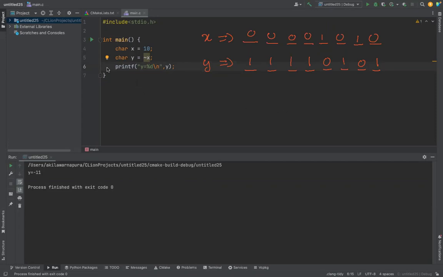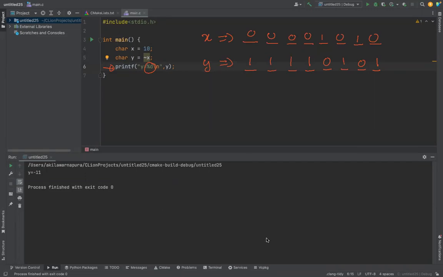Then you are asking to print the y value. Now the computer prints the y value in decimal format. You know this is a char y, and char means a signed value. If you do not specify signed or unsigned, by default it is signed. Signed means the most significant bit is taken to identify plus or minus.